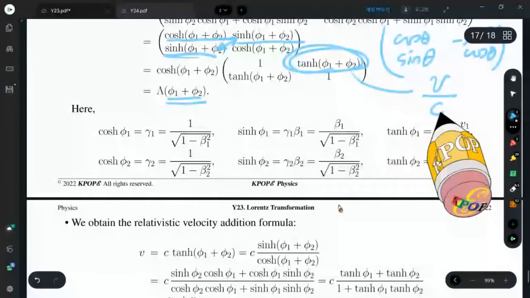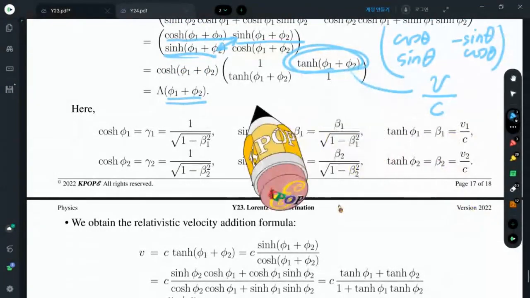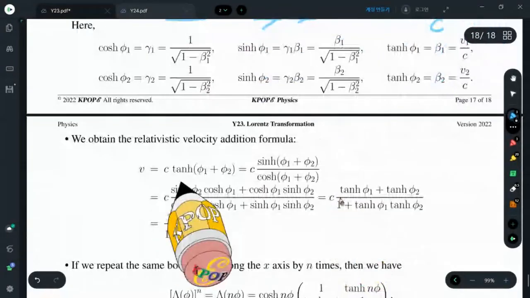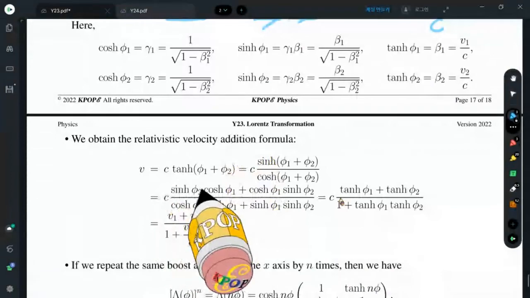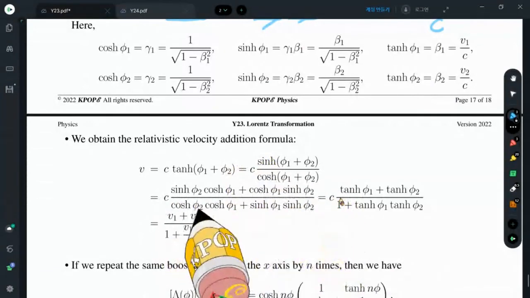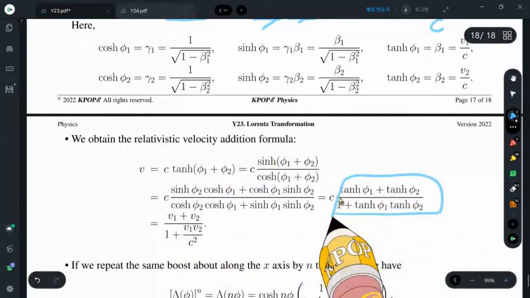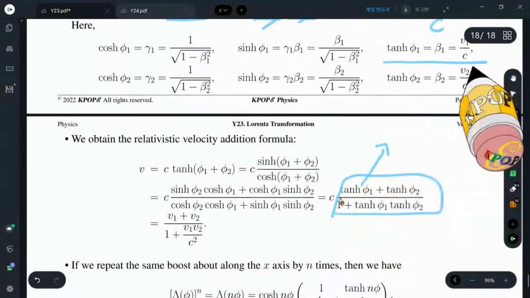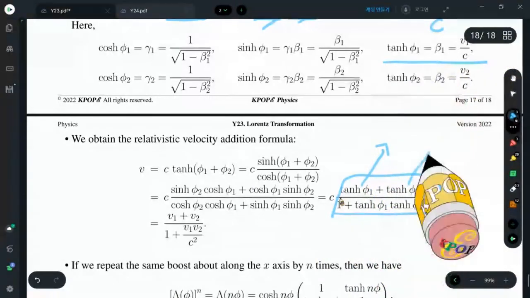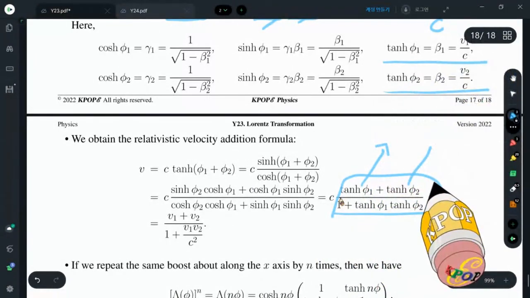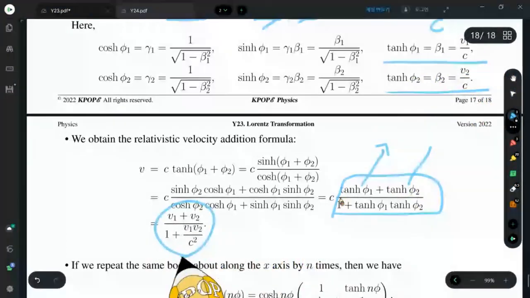What is the resultant relative velocity after a series of boosts? The rule for the sine and cosine hyperbolic functions can be used to find that. We remember this is v over c for the first and v over c for the second, and substitute all of them. Aha!